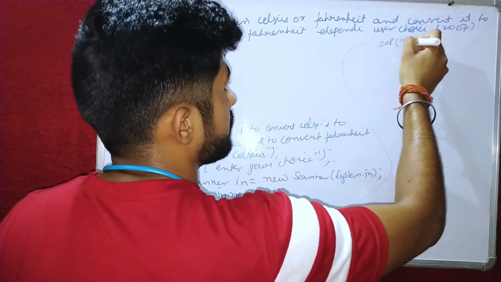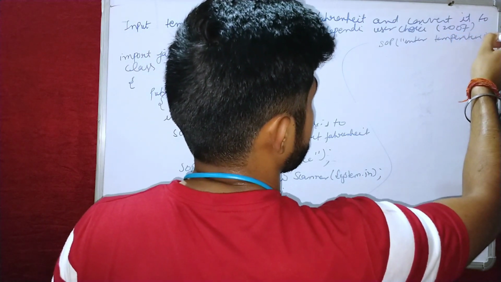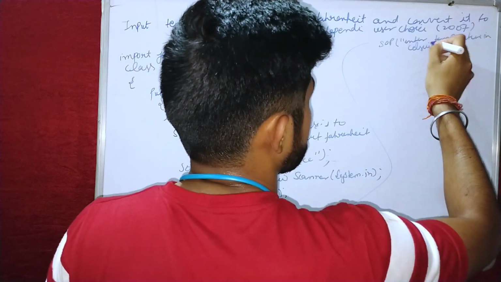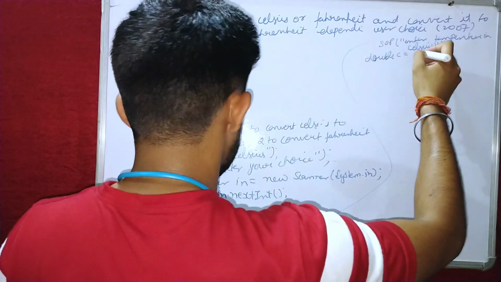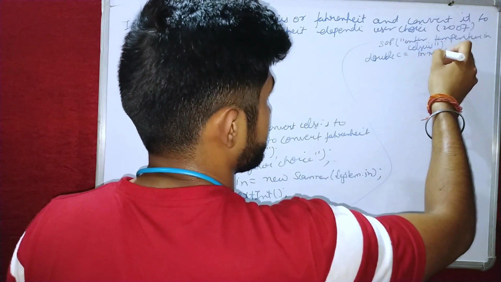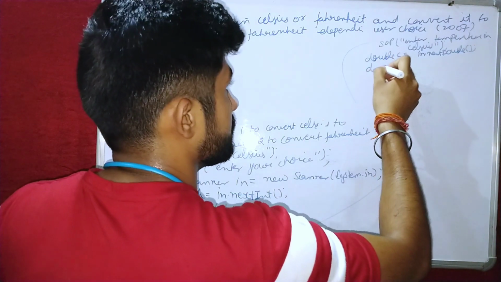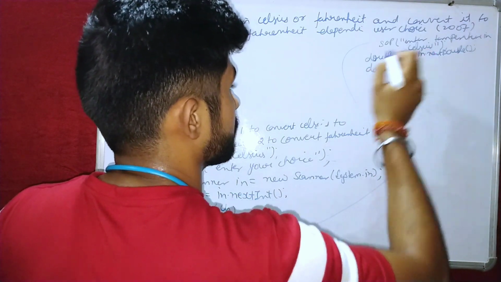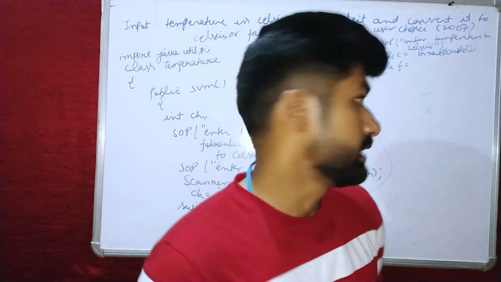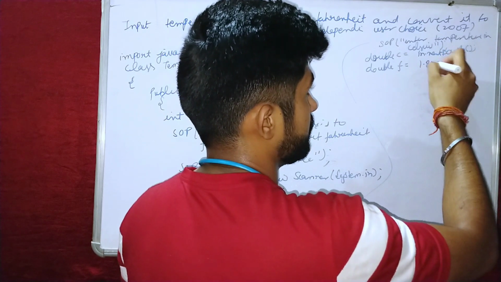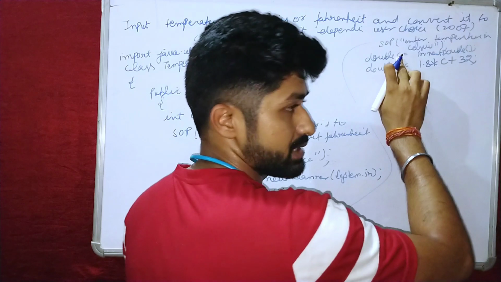SOP: Enter temperature in Celsius. double C equal to n dot nextDouble. double F equal to. The formula to convert Celsius into Fahrenheit is 1.8 multiplied by C, plus 32. Now temperature will come in Celsius.